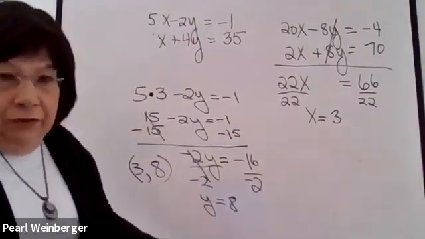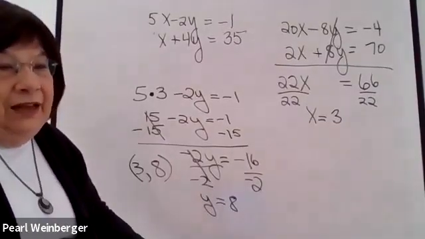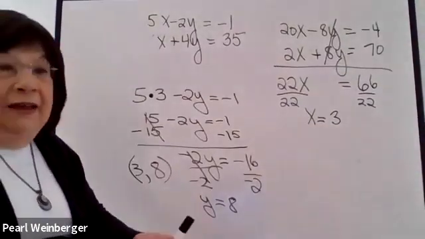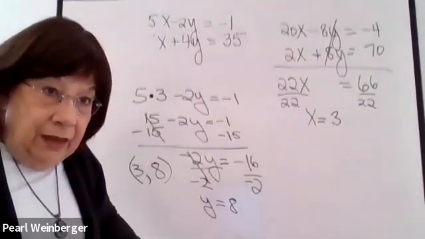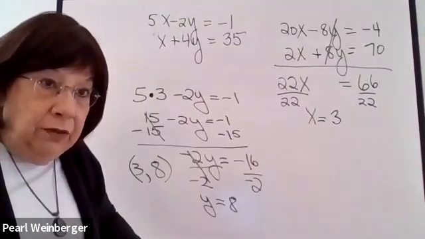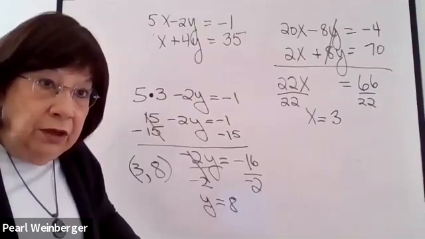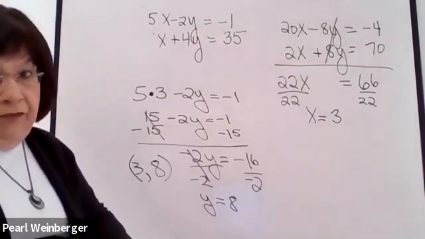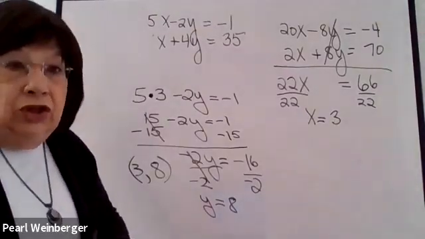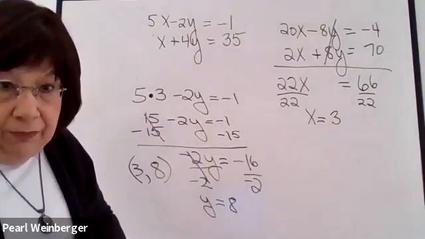And even though somebody else suggested that I get rid of the x's, I decided today I wanted to get rid of the y's. Now, this is totally in your control as to what to get rid of.